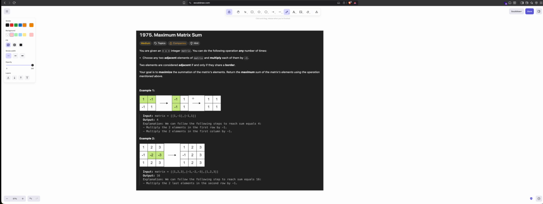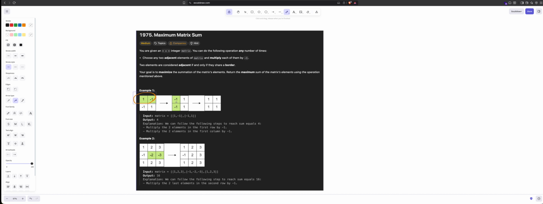To understand the first example, the operation is to multiply two adjacent elements by minus 1, based on whether they are adjacent or not. According to that example, we are given 1, -1, -1, 1. If we stack vertically, based on this operation, we can select the first row, index 0, and multiply it by minus 1.